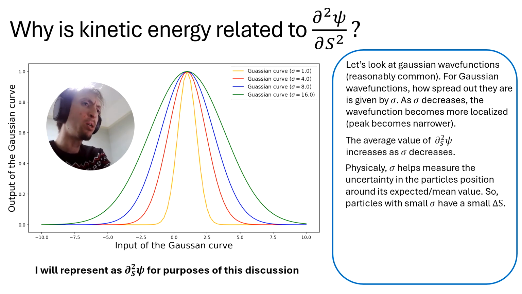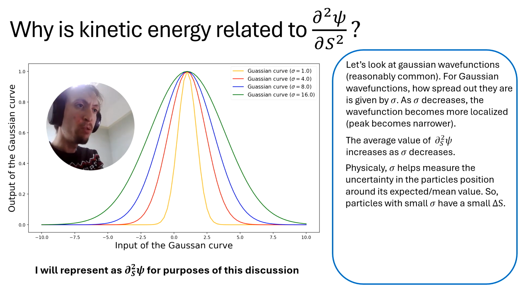But how does sigma relate to kinetic energy? That will then allow us to relate kinetic energy to the second order derivative. Well, as sigma drops, the peak becomes more narrow, so the particle becomes more localized. So there is a smaller uncertainty in the position of the particle. That is, there is a smaller region over which the wave function is appreciably non-zero.